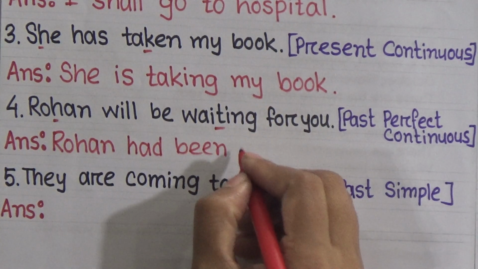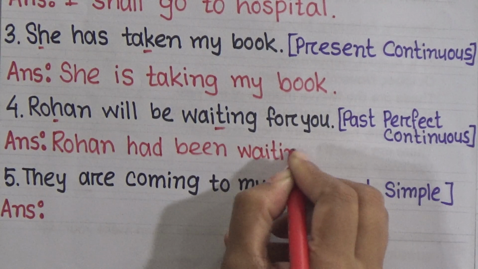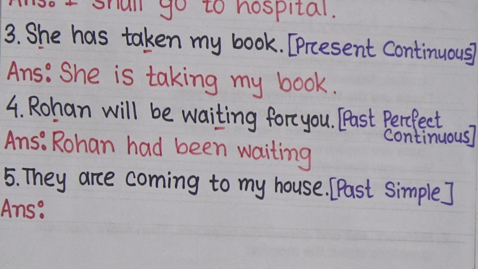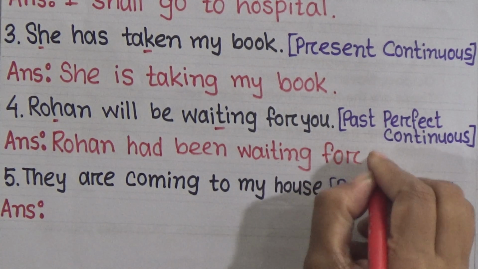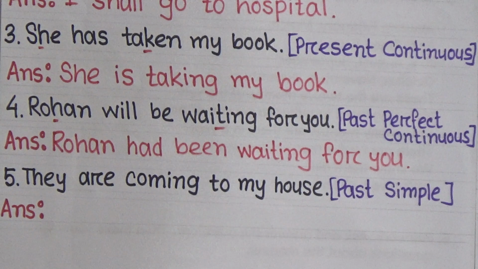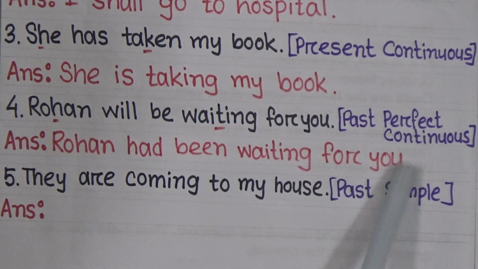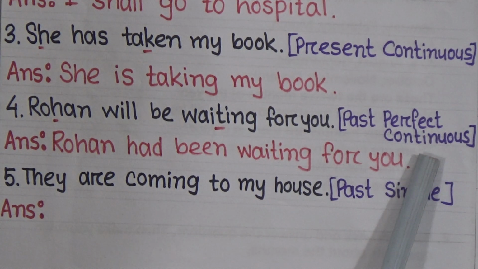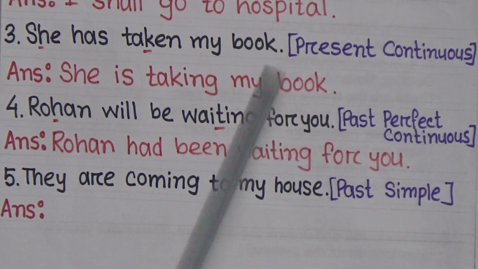This waiting will be waiting here, no change. Rohan had been waiting for you. The rest of the sentence. So when we write Rohan had been waiting for you, this is past perfect continuous tense. Had been plus verb with ing.